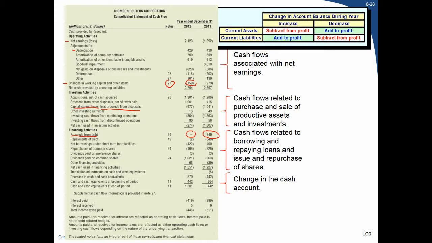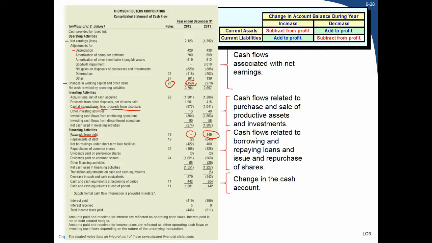Because you know how these statements are constructed, if you see that there is a positive in the investing activities, even if you've never seen proceeds from other disposals, you can sort of visualize what it represents because of where it's sitting on the financial statements.